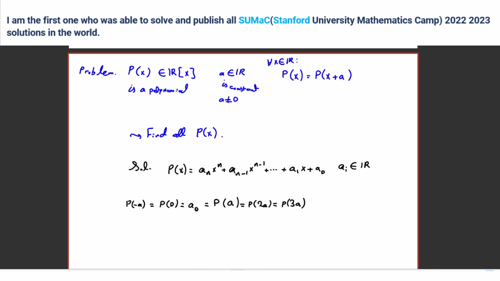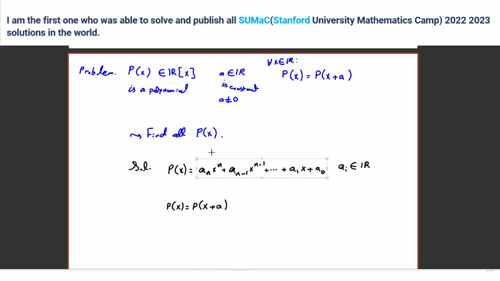Yeah. But it's better to reach a rigorous proof. Let me tell you what is important in polynomials. Here we know P of x is P of x plus a. Then we can write this one again.